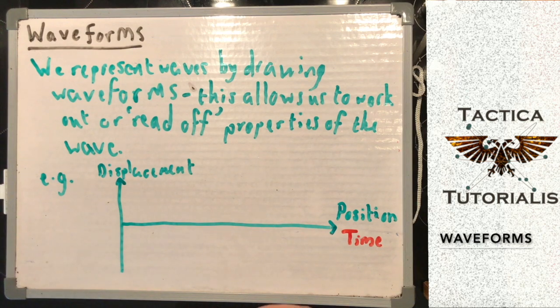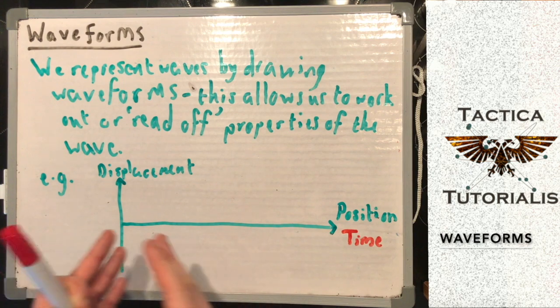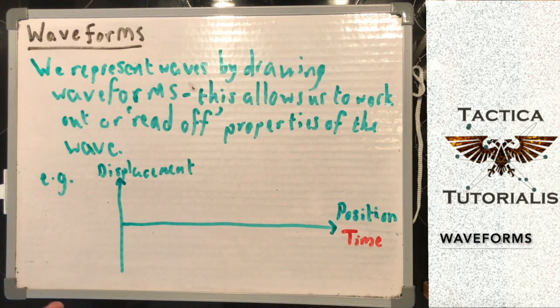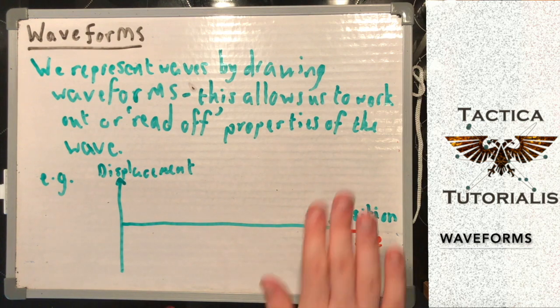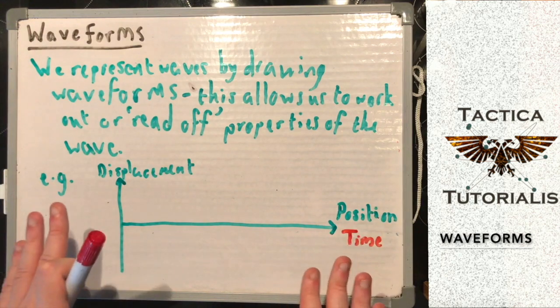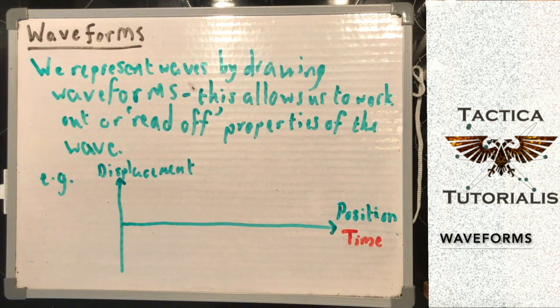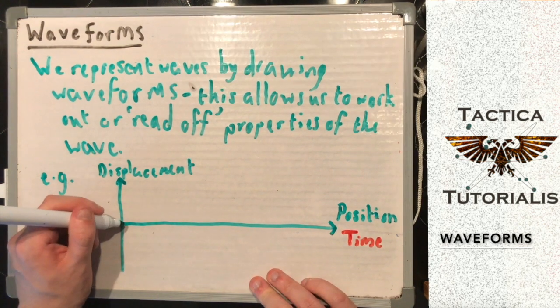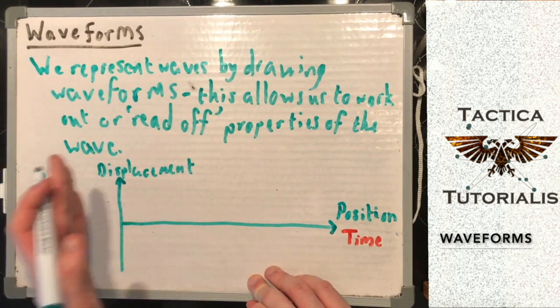So sound waves travel through the air to reach our ears, and that takes time. And it also means that the wave is in different positions at different times, and that allows us to get different information. You may or may not have these axes labeled, but if you were to label them, that's what they mean.